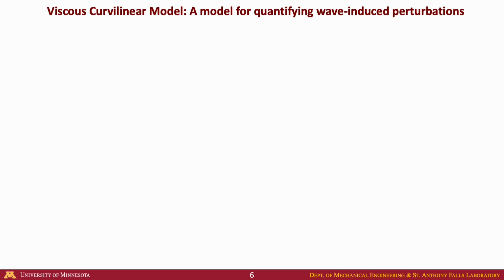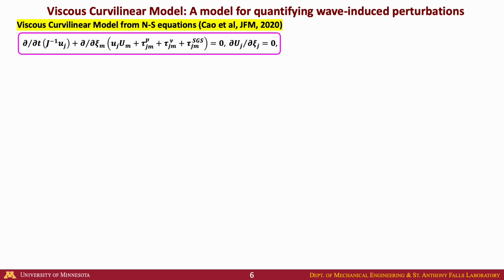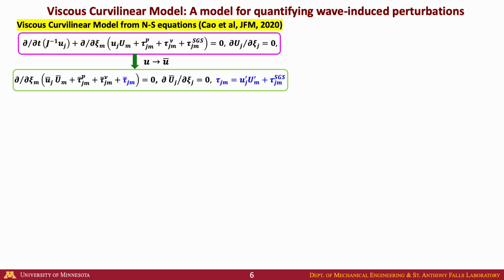In this study, the authors derived governing equations for wave-induced motions. We start with Navier-Stokes equations in a wave following curvilinear coordinate system. We then phase average this equation and obtain phase averaged Navier-Stokes equations. This phase averaging operation gives rise to the nonlinear turbulent stress term.